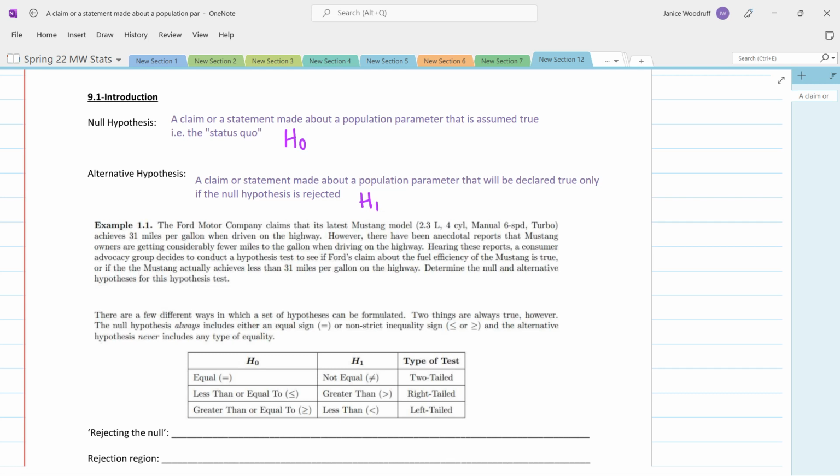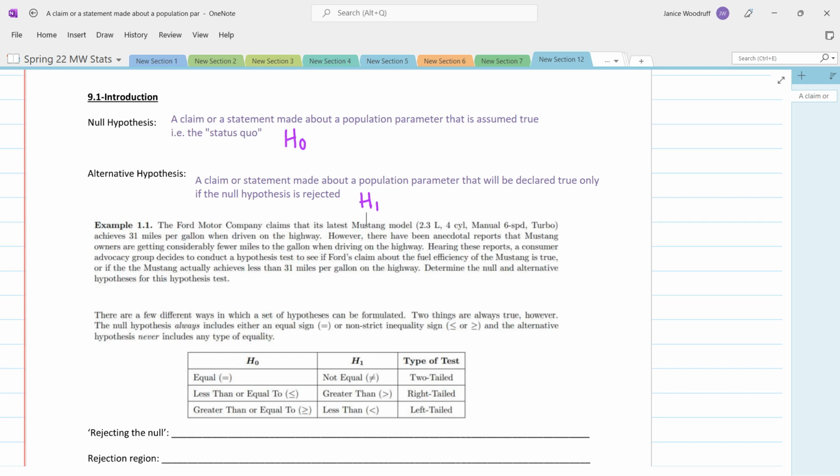Okay, so let's look at an example of this. We have the Ford Motor Company claims that its latest Mustang model, the 2.3 liter 4-cylinder manual 6-speed turbo, achieves 31 miles per gallon when driven on the highway.